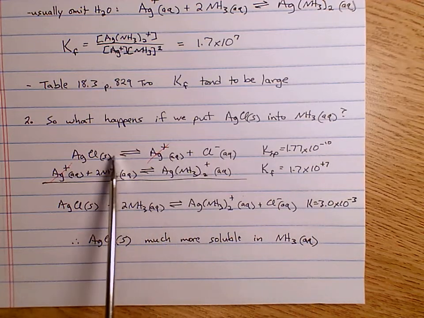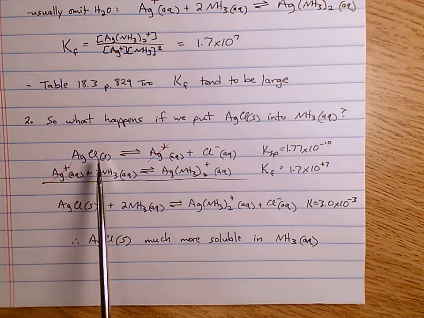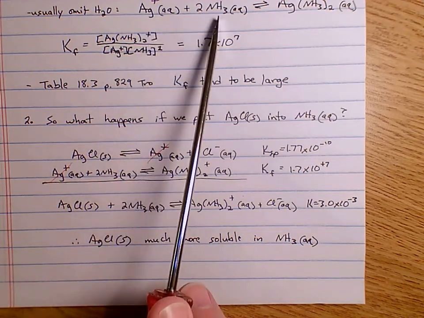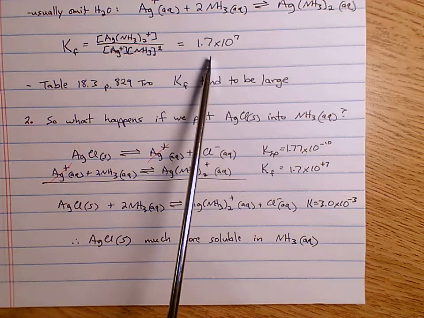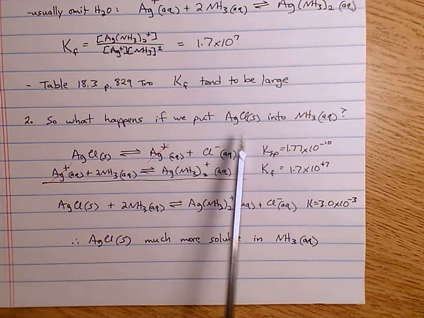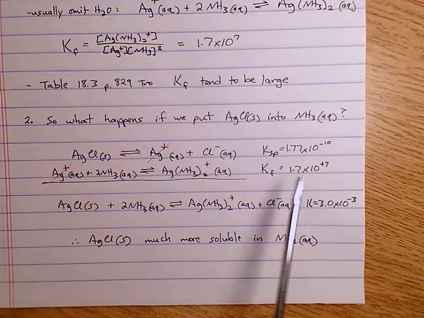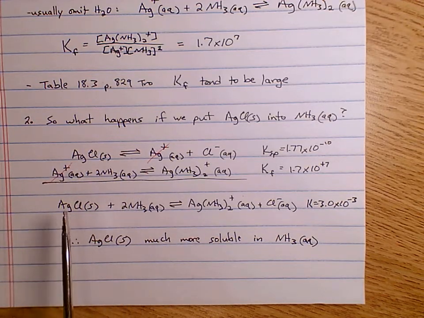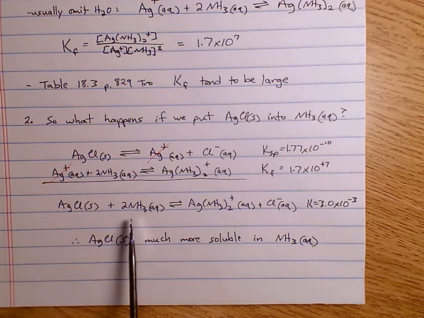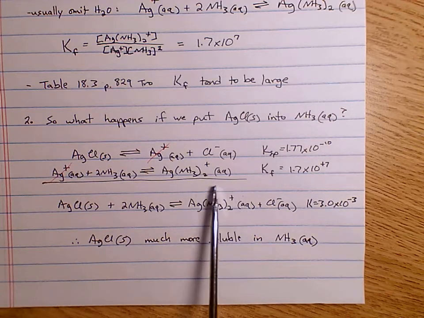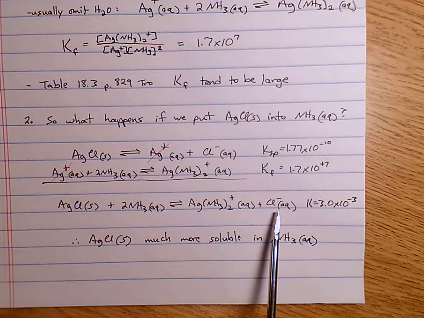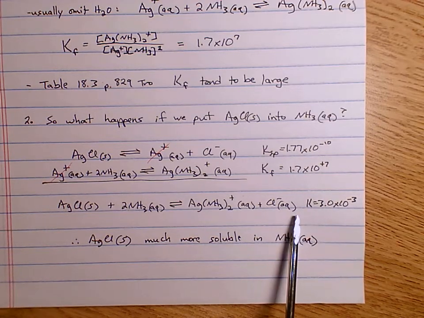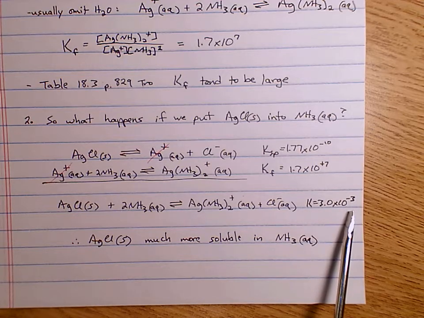This reaction lies way, way, way to the left. But we also have found out that the silver ion that would get produced here reacts with ammonia with a fairly decent formation constant, 1.7 times 10 to the 7th. So if we add these two equations up, silver cancels out, so AgCl solid plus aqueous ammonia goes to our complex Ag(NH3)2+ and chloride, and you just multiply these two constants together and you get an equilibrium constant of 3 times 10 to the minus third.